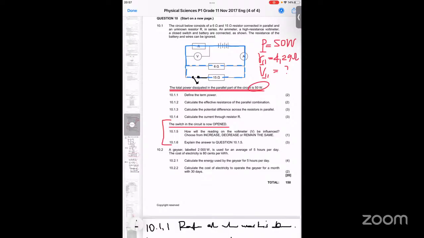It's like you're converting it from being parallel to being series. And when that happens, R increases. Always, when you change from parallel to series, R increases. And when R increases, the current decreases.